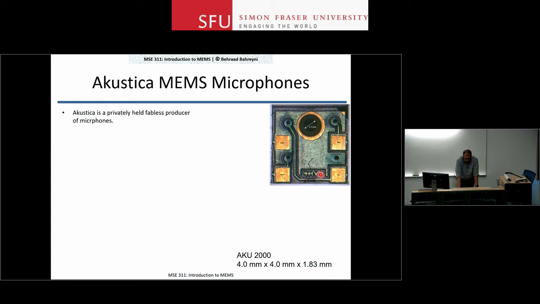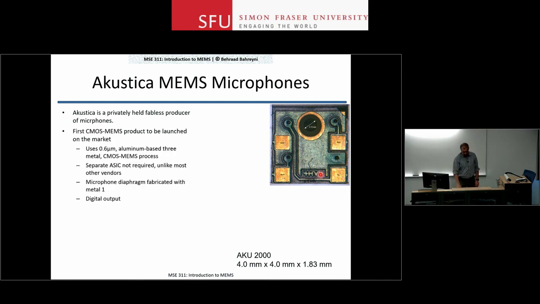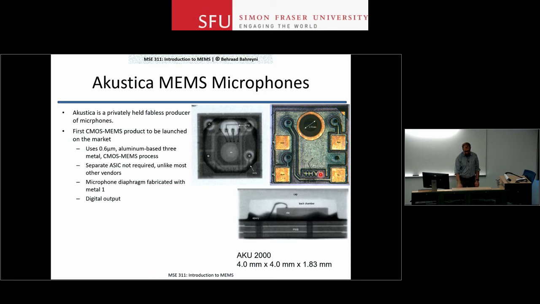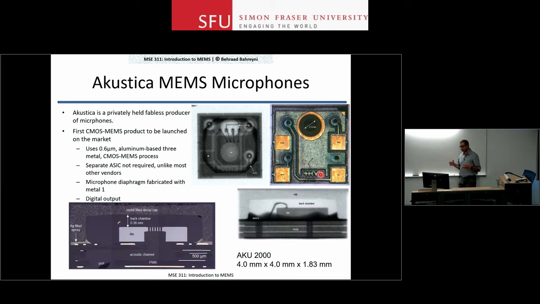Akustica is an interesting company. They were one of the pioneers in the MEMS microphone industry, and one of the advantages that they had over other competitors was that they made their membranes, their microphones, in a standard CMOS process. So the electronics and the microphone were made side by side. To make the membrane, they used the metal layers in the CMOS process.